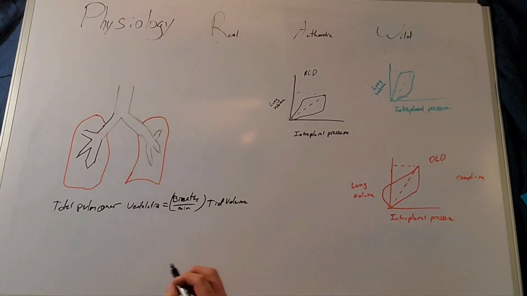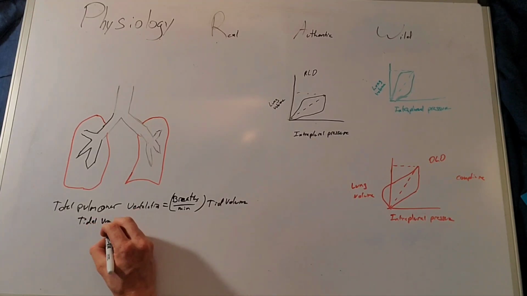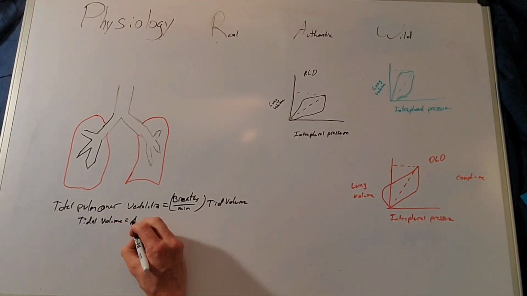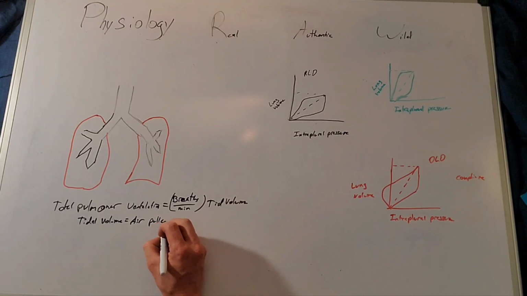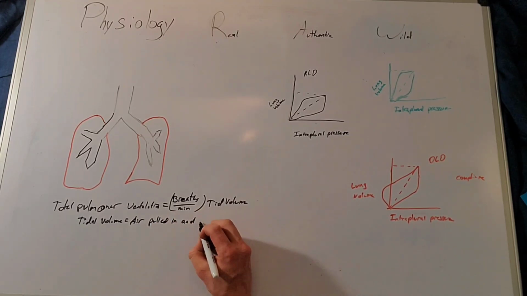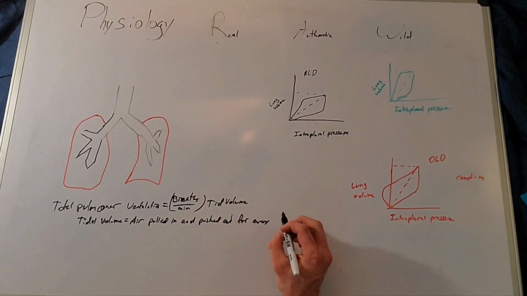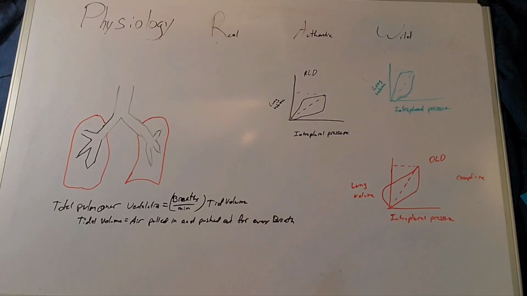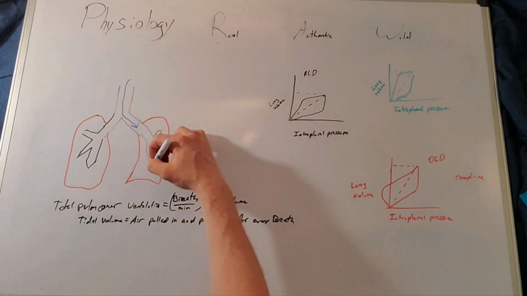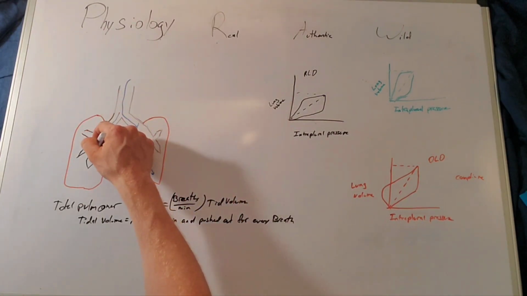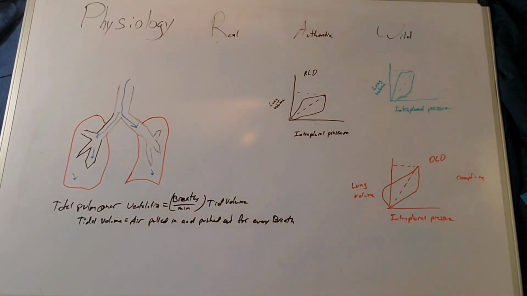And tidal volume is how much air, so tidal volume is equal to air pulled in and pushed out for every breath. So this is all the air that is going in, and all the way through the various levels of the bronchi, and finally into the alveolar sacs.